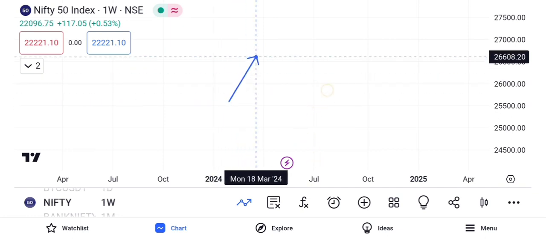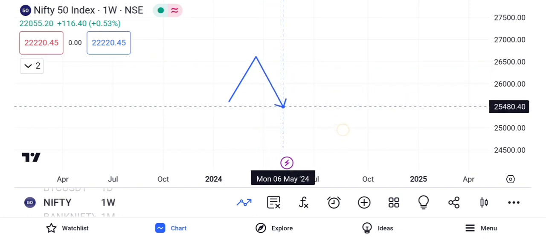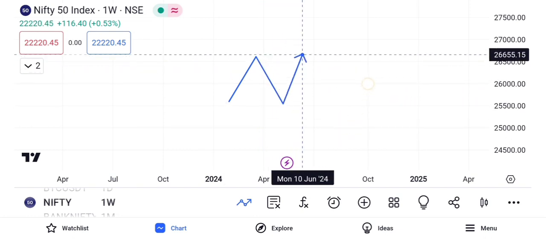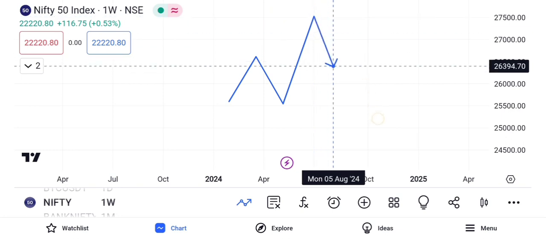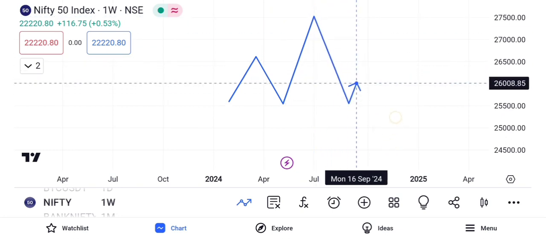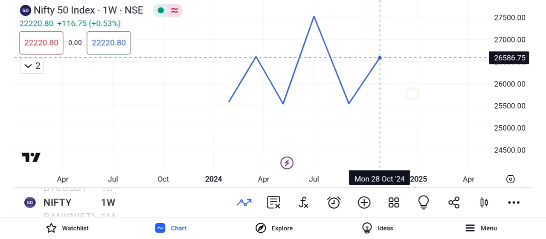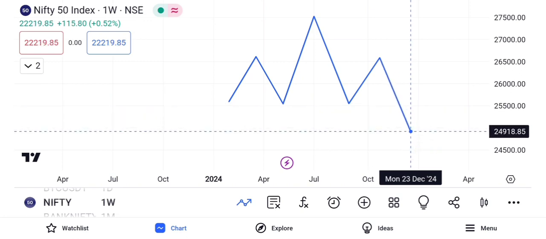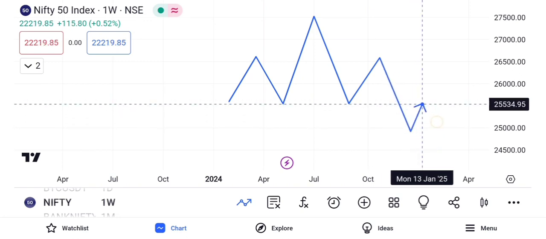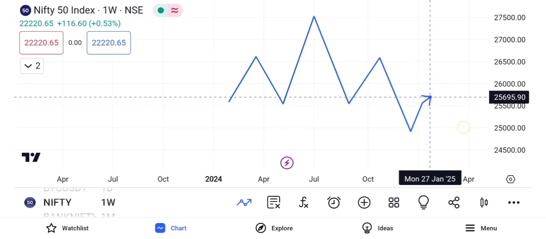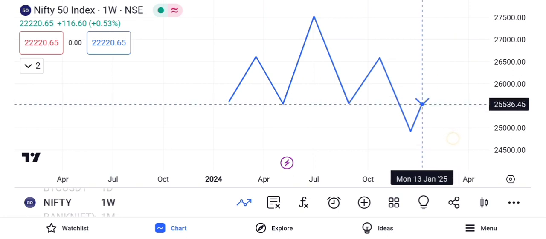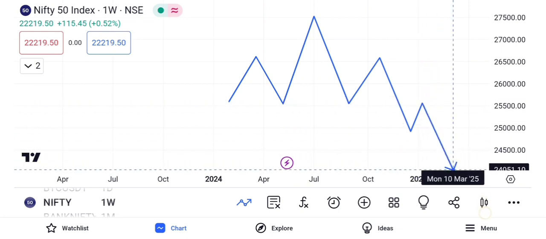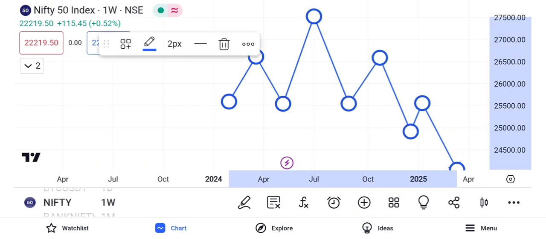So this is one shoulder, and this is the head, and this is another shoulder, and this is the support level which the market breaks. Okay, so the market breaks this support level, and after a retest of this support level, this is your entry point, and you ride this swing.